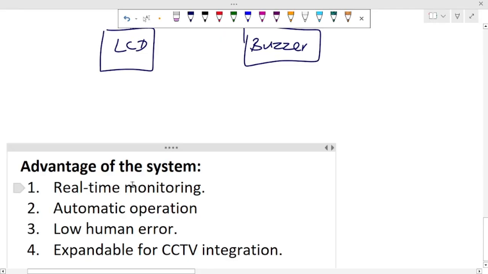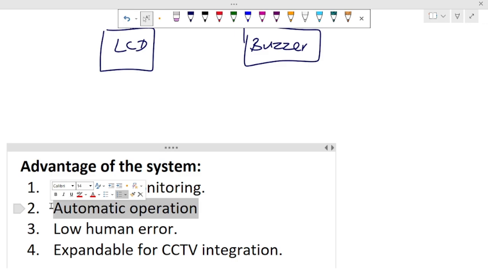Then the advantage of this system is that it's real-time monitoring, meaning as the people are entering into the bank, you are seeing the count increasing, the number is increasing. Then automatic operation, you don't need to count by yourself. A human, like the security or anybody, there is no need for anybody to go there and count how many persons enter. Otherwise, they will now climb somewhere and write on top of the LCD 1.